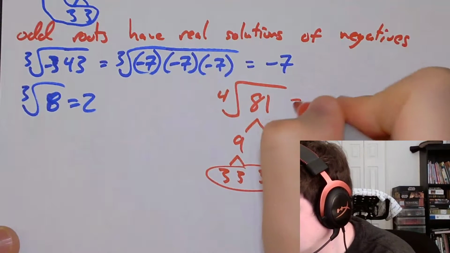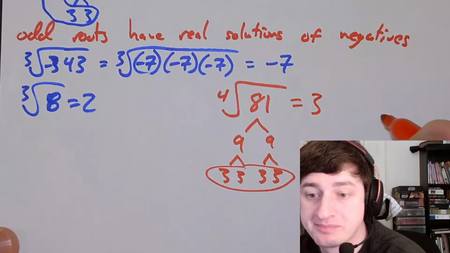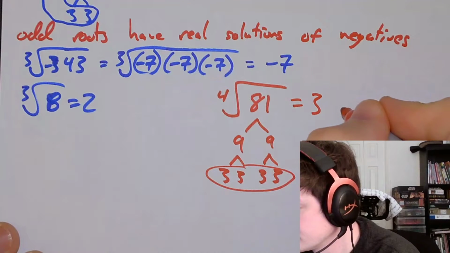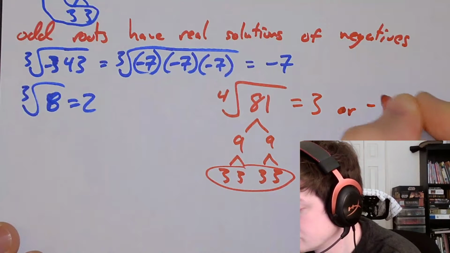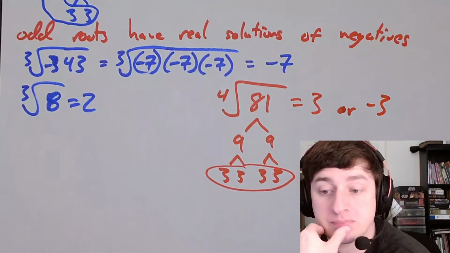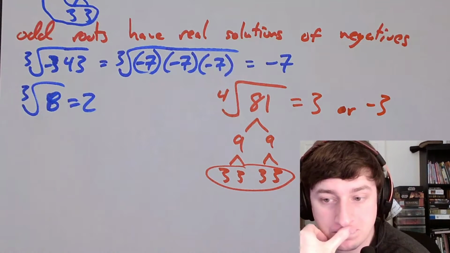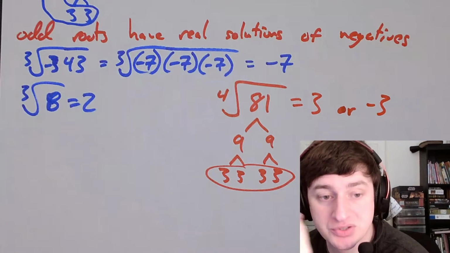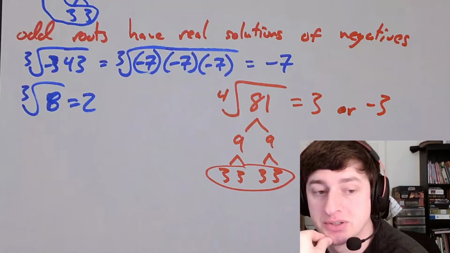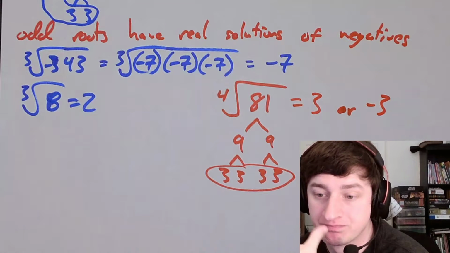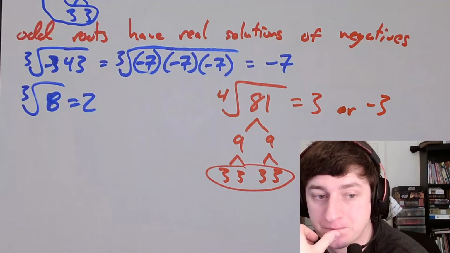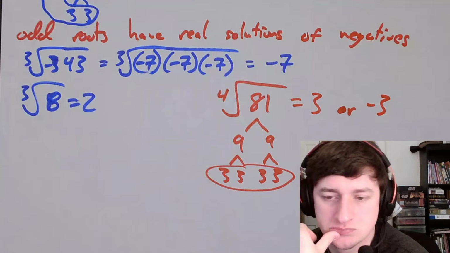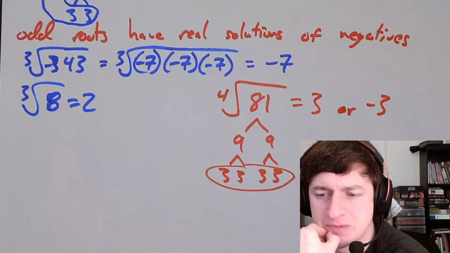So this is 3, but because it's even, it's also negative 3. Right? So last chapter we were doing plus or minus because you take the square root of both sides, you get a positive or a negative number. This could be either or both. Not sure which, actually.